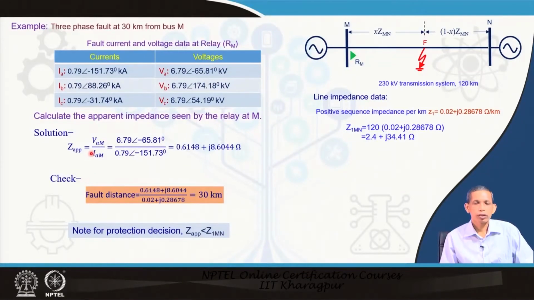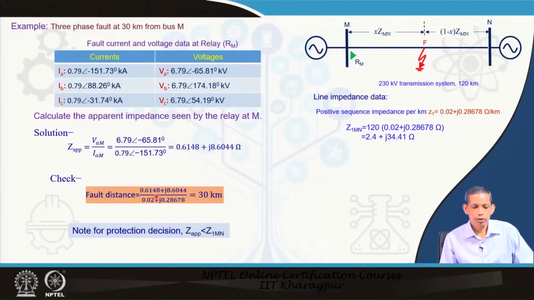Now, to check whether our calculation is okay or not, the fault distance, from here to here, the physical distance in kilometers, can be obtained from the corresponding apparent impedance. This apparent impedance is nothing but the positive sequence impedance up to the fault point, calculated from the available voltages and currents.